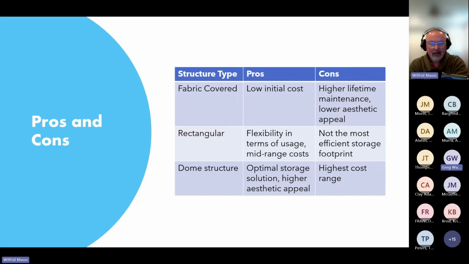It should be noted this is not the most efficient storage footprint, but if your salt storage facility has to serve a number of needs above and beyond simply salt storage, it may be a suitable solution. And then finally, the dome structure: if all you are concerned about is your optimal storage solution, storing as much salt on as small a footprint as possible, then this is the one for you. It doesn't have flexibility of usage. It's pretty clearly just for salt.